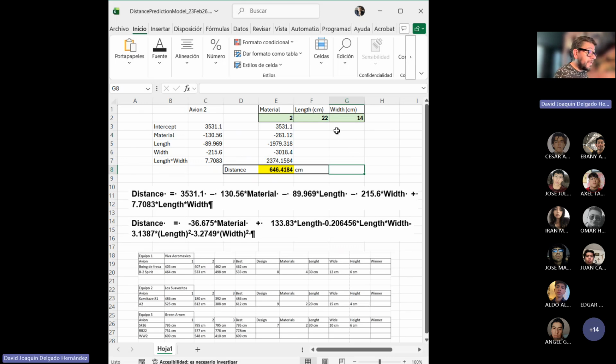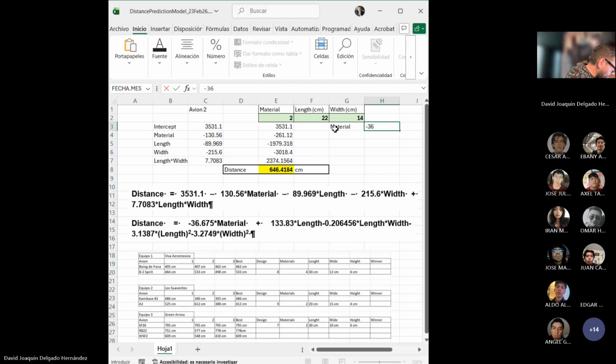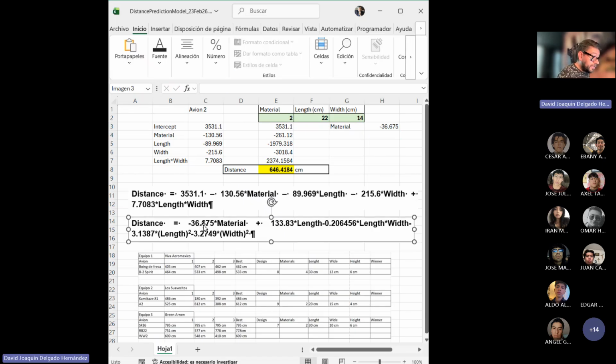the following. We are going to put here material and the coefficient, which is minus 36.675. Okay. This is the coefficient, this one here in this part of the equation.